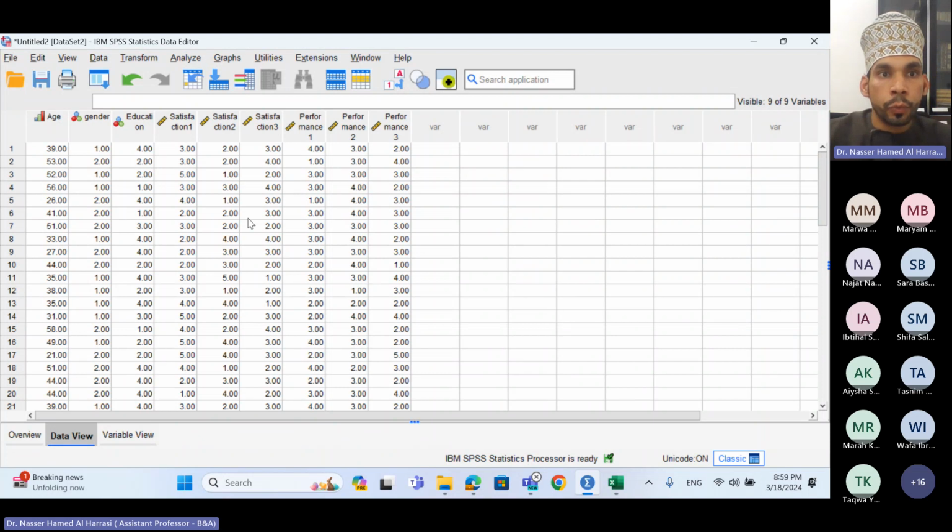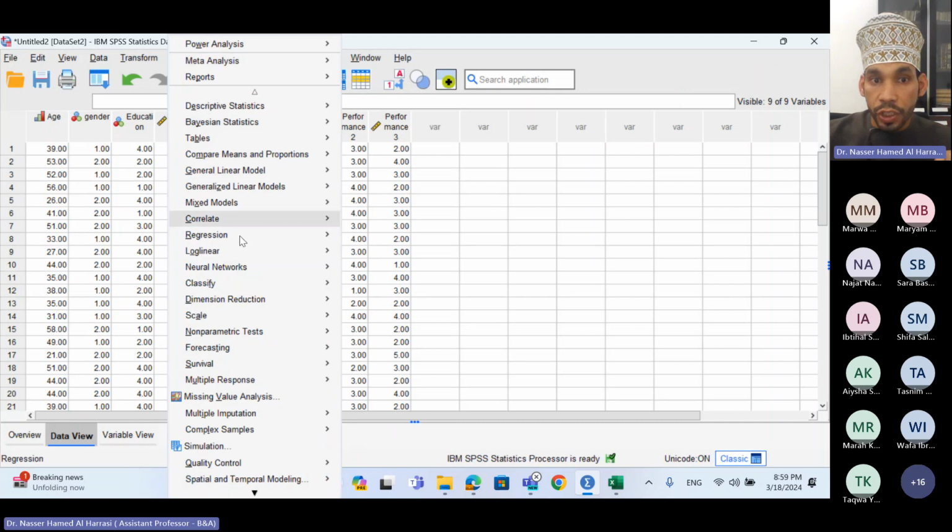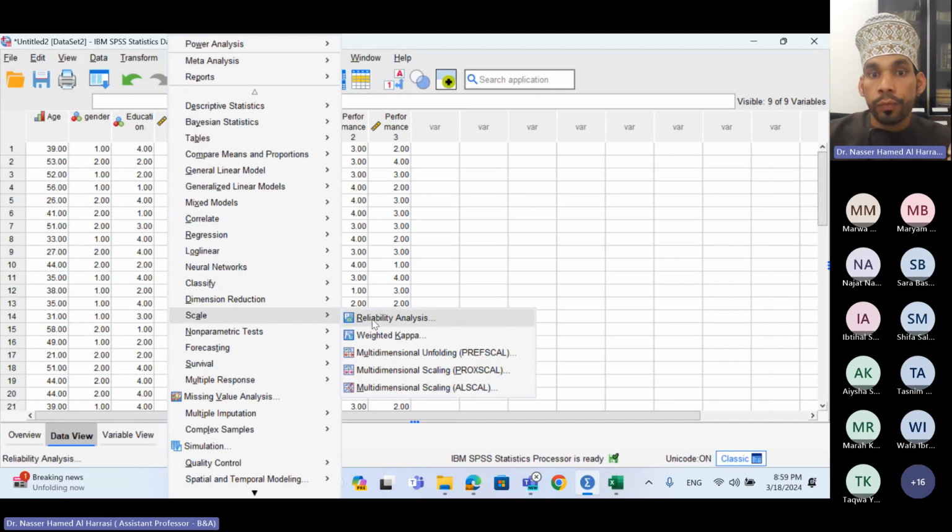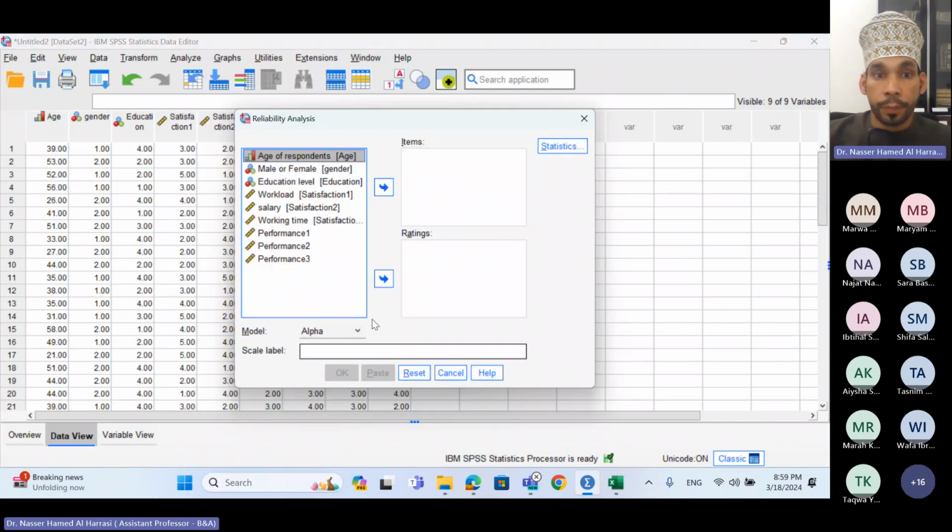How can we do that? We have to go to Analyze, then go to Scale. Then here you will find Reliability Analysis. Click on it. Now in reliability analysis, make sure that you are using alpha, which refers to Cronbach's alpha.